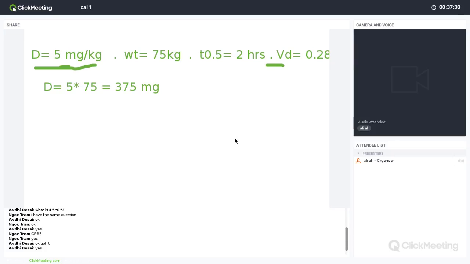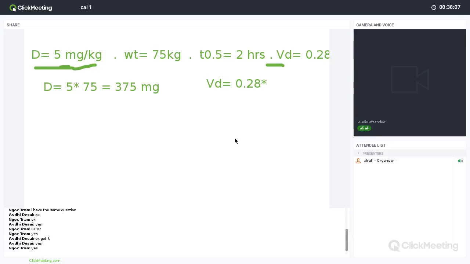Great. Now, also we have here another value yet to be determined, which is the volume of distribution. We know that the volume of distribution unit is in liter, not per kg. So we will do the same with the volume of distribution, so we can get the value that is going to be used in the question.